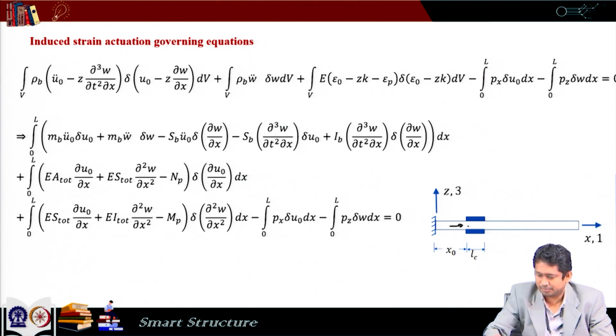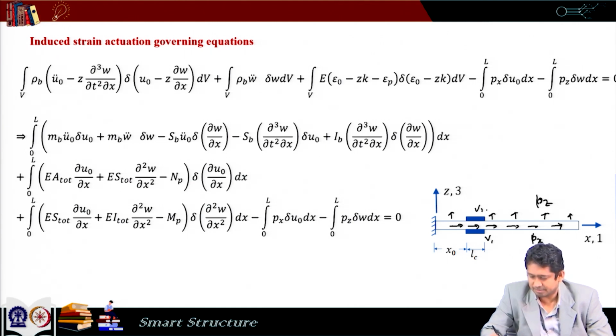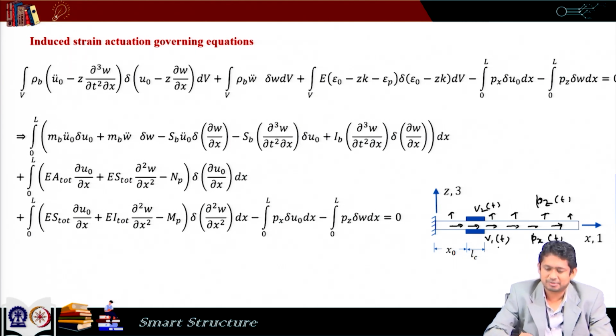So, there can be distributed load P x and there can be distributed load P z, and there is input voltage V 1, it can be same, it can be different, V 1, V 2, and these can all be functions of time, and naturally the response also becomes a function of time.